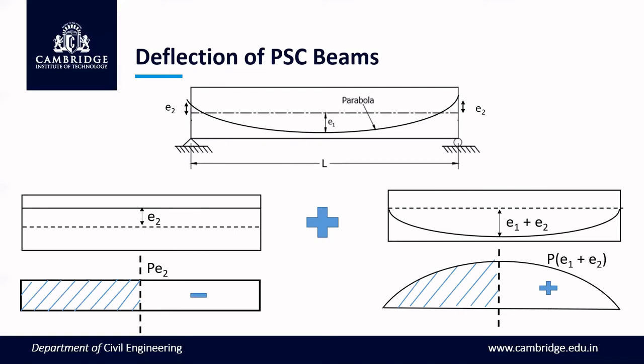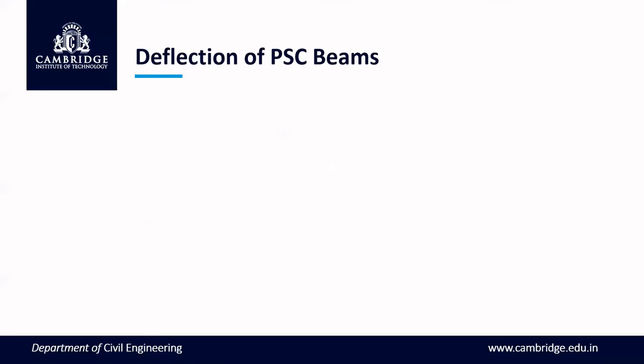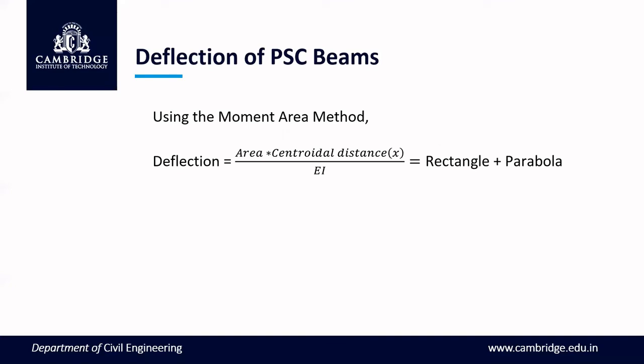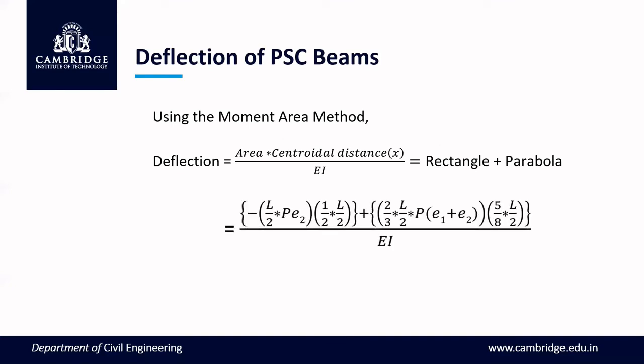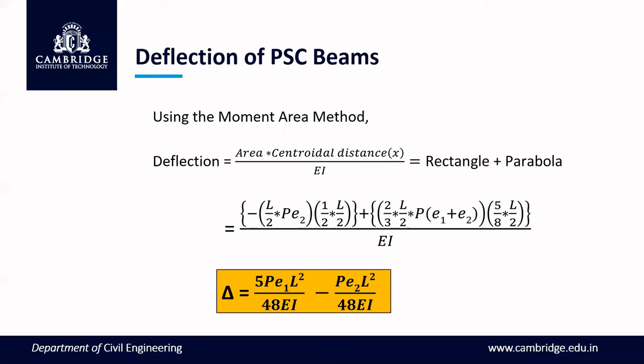Here, the value of the bending moment for the rectangular beam with eccentricity E2, as in the first case, would be negative when compared to the second case. So if we sum up these two, we would get the deflection to be equal to these values, which would sum up to delta is equal to 5 PE1 L square divided by 48 EI minus PE2 L square divided by 48 EI.